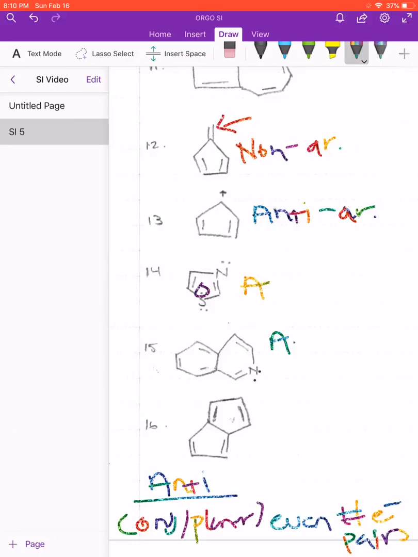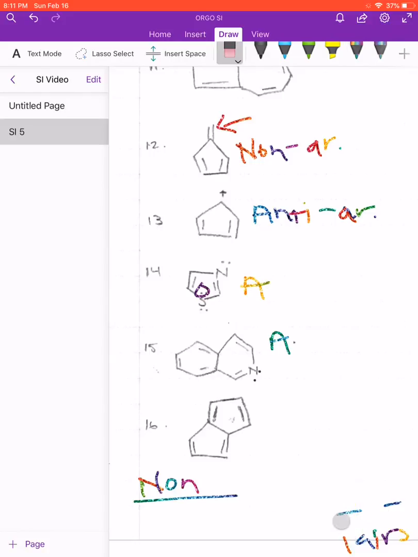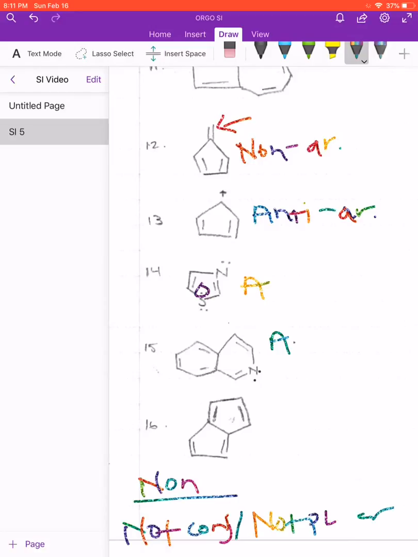For a molecule to be non-aromatic, it just does not fulfill these first two. So for a molecule that's non-aromatic, it's not even conjugated and it's not planar. Not conjugated, not planar. Right? So you can look back at those definitions.